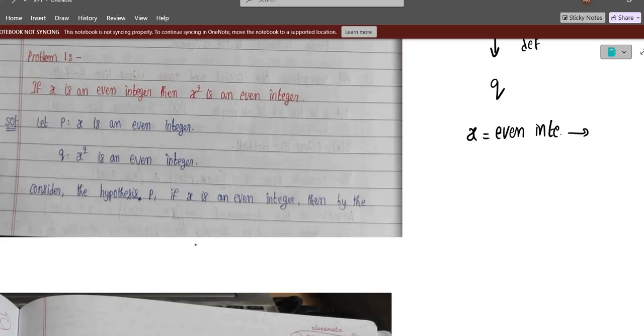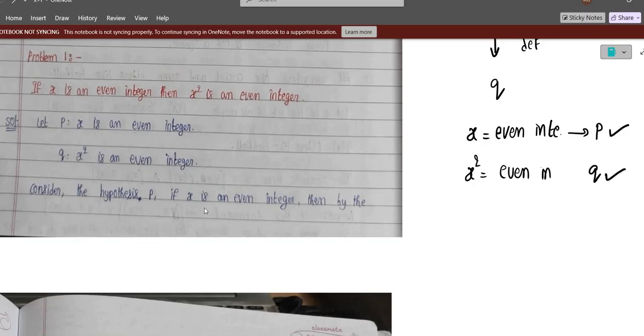That means this is P. We want to prove x square is an even integer. This is Q. So by considering P, we want to prove Q. So observe the sentences. P is x is an even integer. Q is x square is an even integer. So the hypothesis is P.